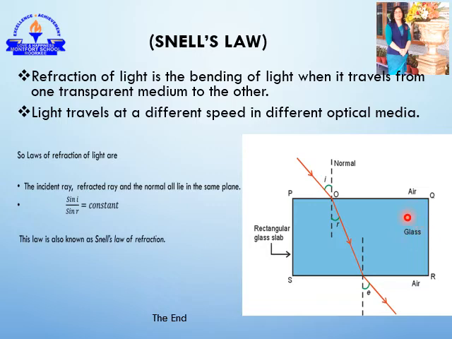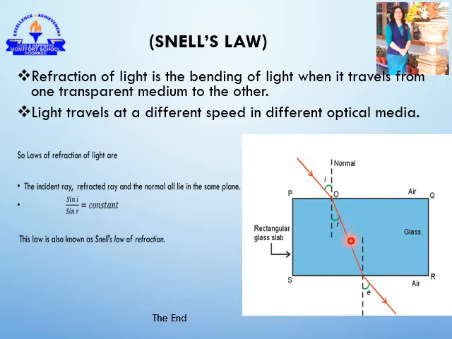Glass is known to be an optically denser medium, while air is known to be an optically rarer medium. So in a rarer medium, the speed of light is more. In a denser medium, the speed of light is less. Therefore, when a ray of light is incident from air to glass, the ray will bend toward the normal. Here at this interface, what is taking place?